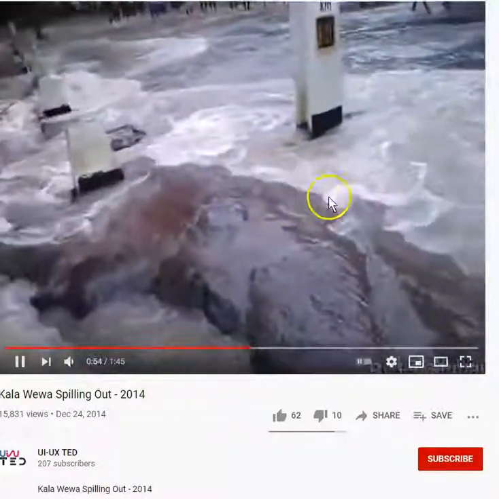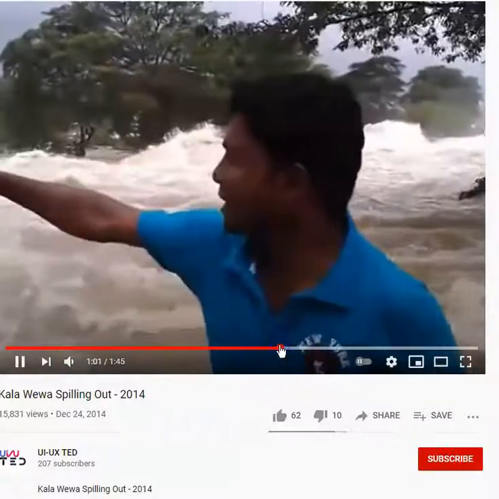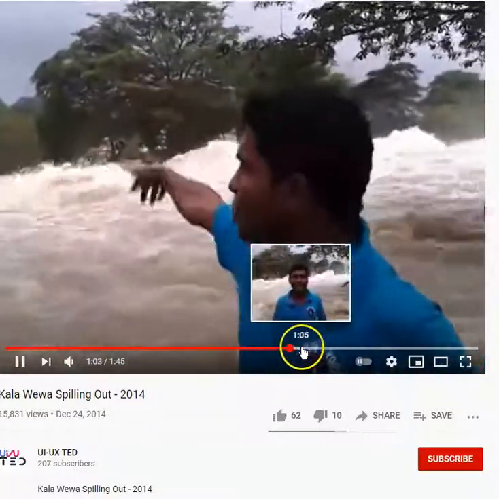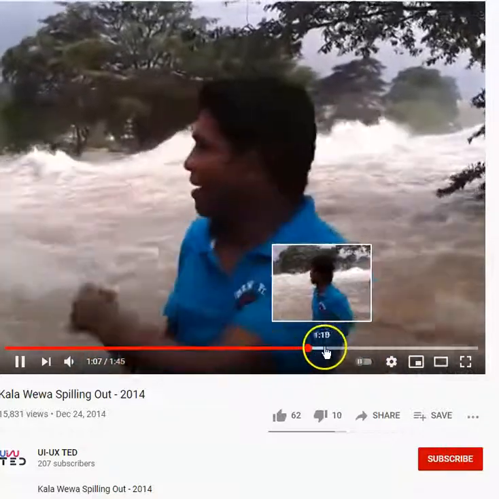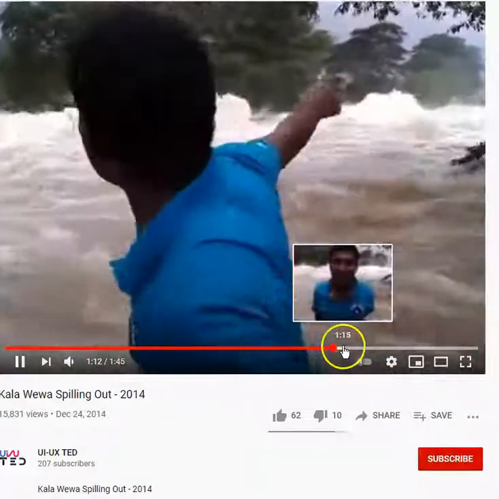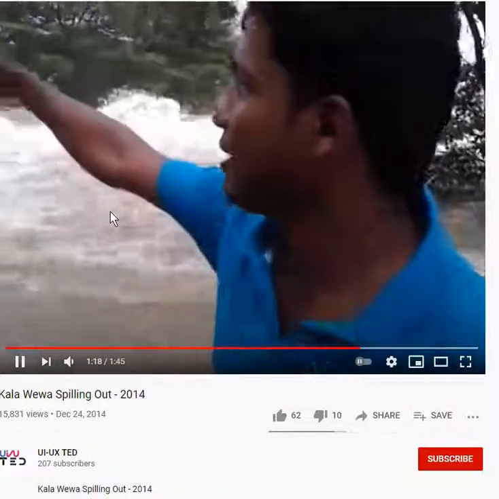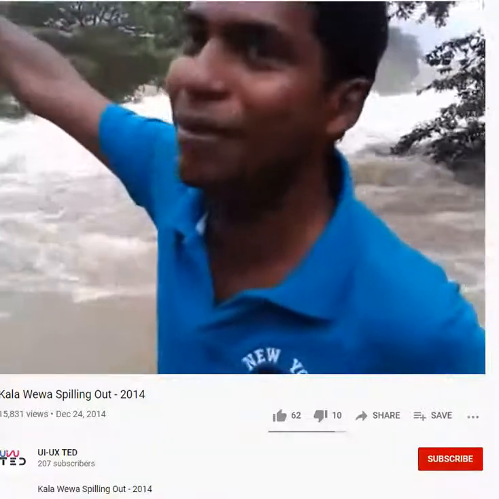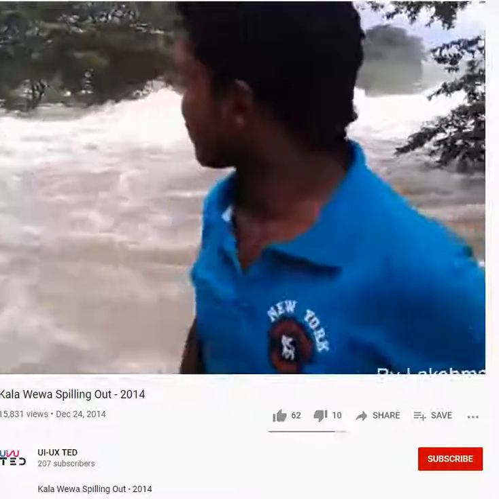If these bunds fail, all downstream would go under. So you need to have a way to control the water flow coming out from these reservoirs. And that's exactly what Bisokotuwa did. Just imagine controlling these huge reservoirs without failure for a long time.